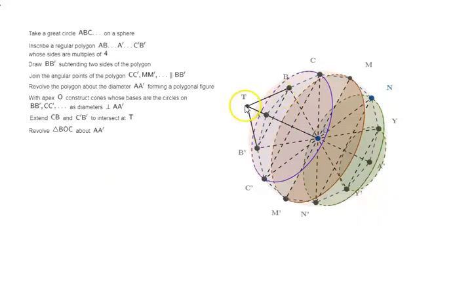So OB T B prime, we have one solid rhombus. Another solid rhombus is OCT C prime. Now when we subtract these two, we get triangle BOC. And this triangle BOC, we are going to revolve it. So let's revolve it, triangle BOC, and let's see how it looks.